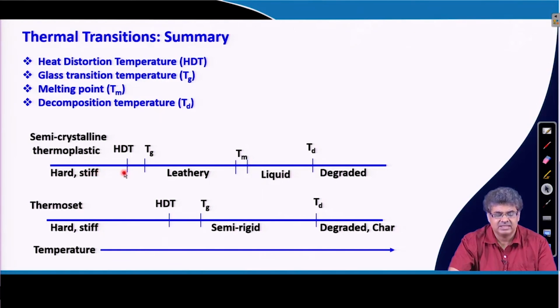First we get HDT, then Tg, after that a range of temperature which is Tm, and then finally the degradation temperature. For a thermoset we get HDT and then Tg, and we do not get Tm, and then we get the degradation temperature TD.